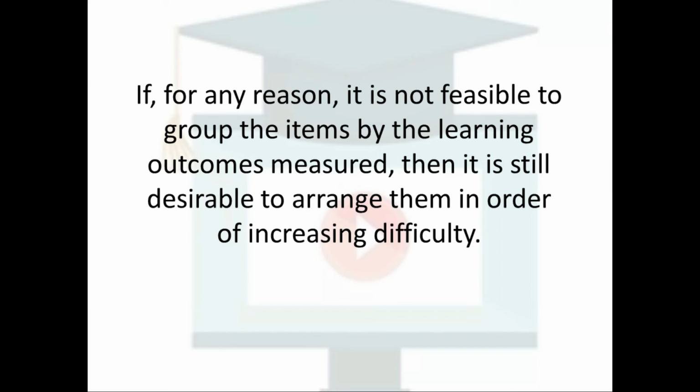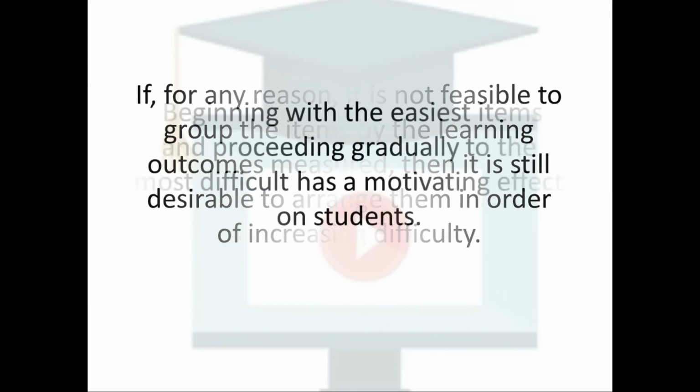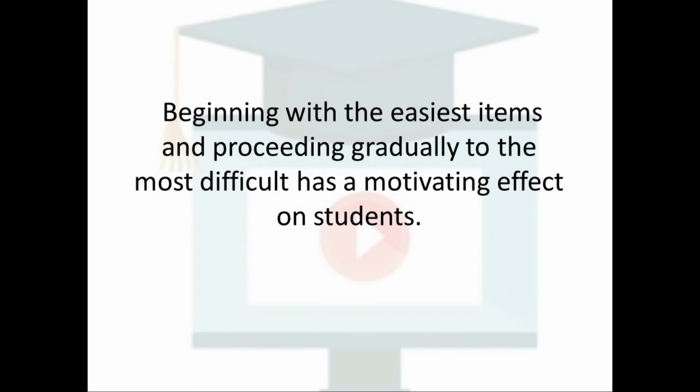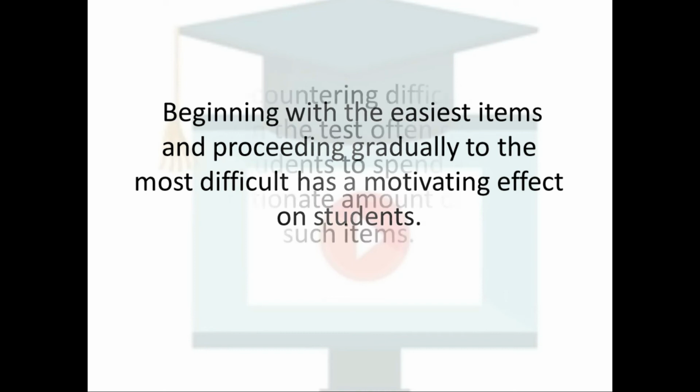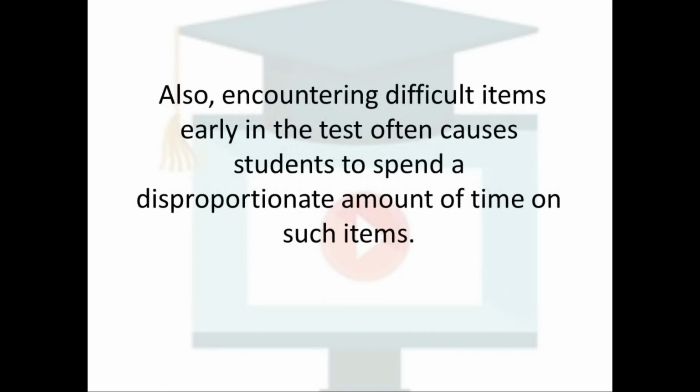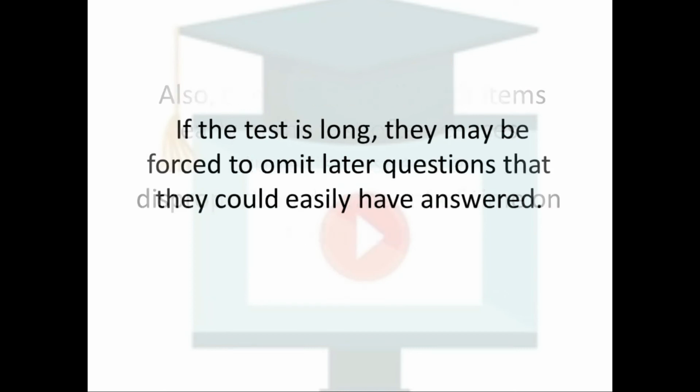then it is still desirable to arrange them in order of increasing difficulty. Beginning with the easiest items and proceeding gradually to the most difficult has a motivating effect on students. Also, encountering difficult items early in the test often causes students to spend a disproportionate amount of time on such items.